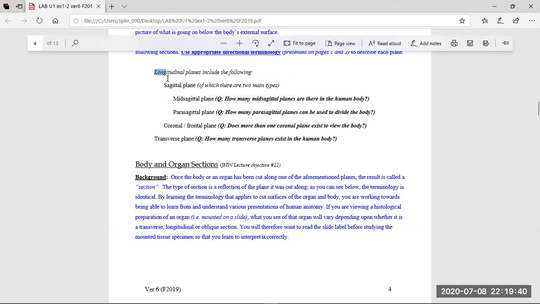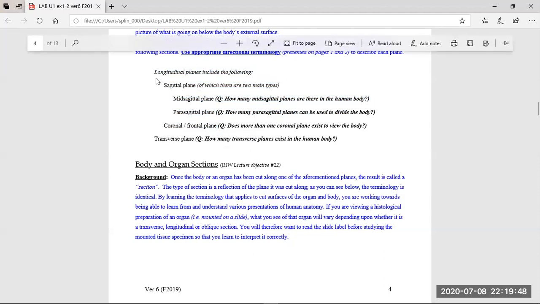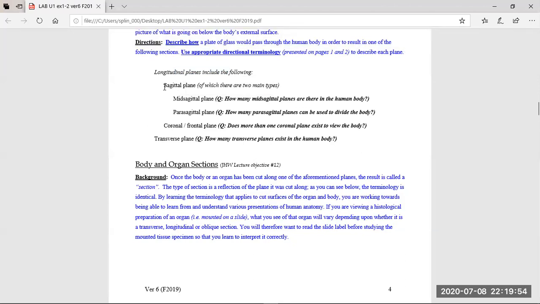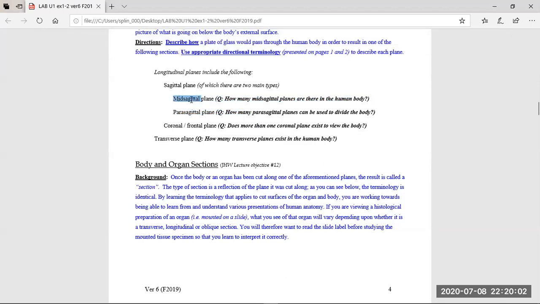And with the indentations, we see that there are now several subtypes within that group. So a longitudinal plane running the length of a specimen. We'll start with a sagittal plane. And as stated, there are now two specific types of sagittal planes: a mid-sagittal plane versus a parasagittal plane.